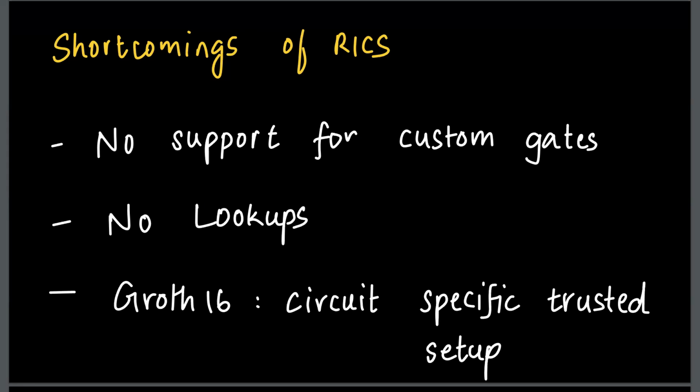And the third one is R1CS systems. Groth16 is a proof system that uses the rank 1 constraint system, R1CS, and this one requires a circuit-specific trusted setup, meaning that every time you build a circuit, you would have to do a trusted setup for that circuit.